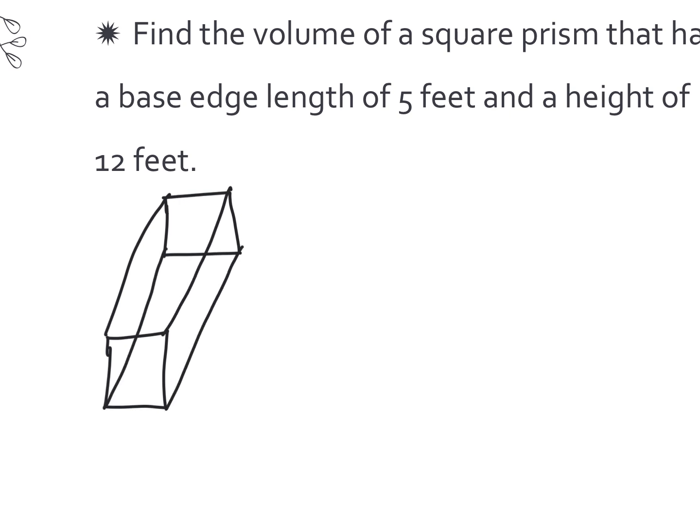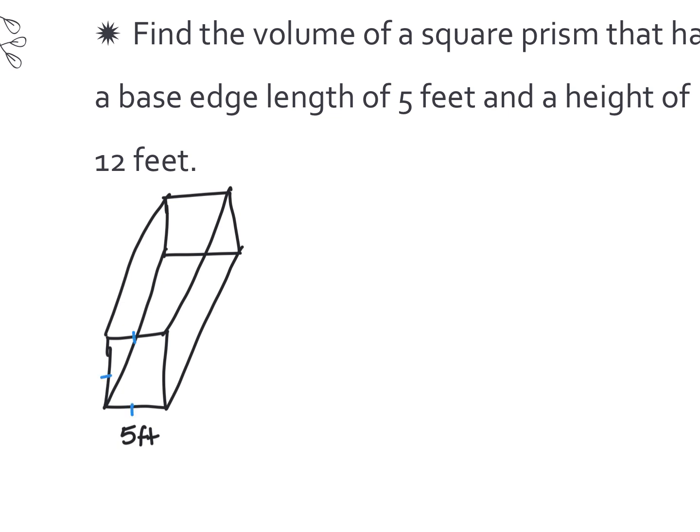So here's my square prism. Again, not the best, but this is what it should look like. It says my base edge length of 5 feet. So this is my base edge length. This is my 5 feet right here.